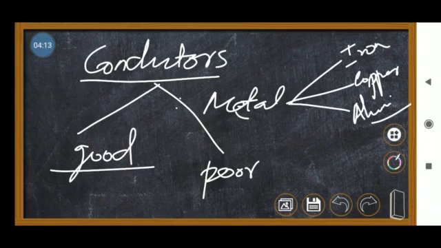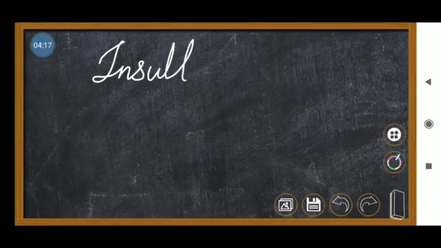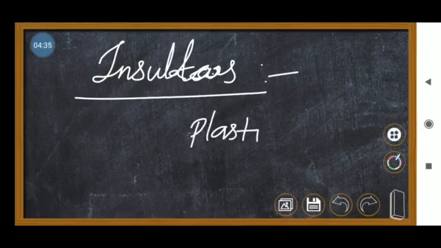Then what are insulators? Insulators are objects which do not allow electricity to pass through them, for example plastics and rubbers.